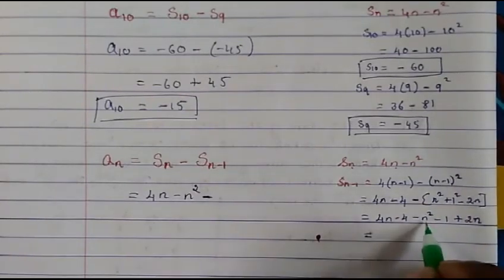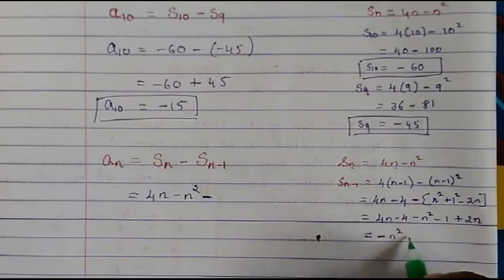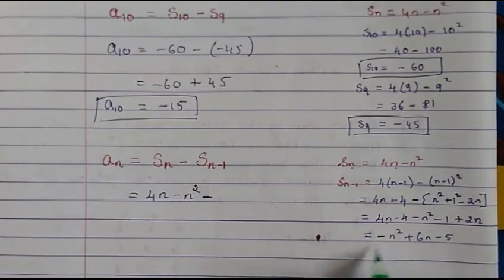If we write it in standard form, minus n square will come first, then 4n plus 2n will give us plus 6n, and minus 4 minus 1 will give us minus 5. So this is what we have got for Sn minus 1.